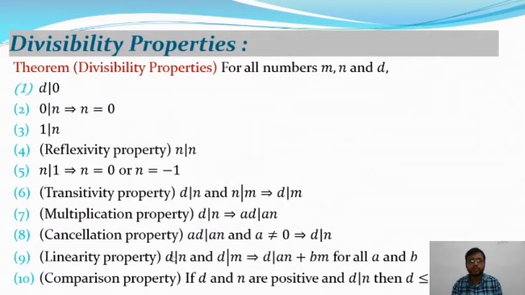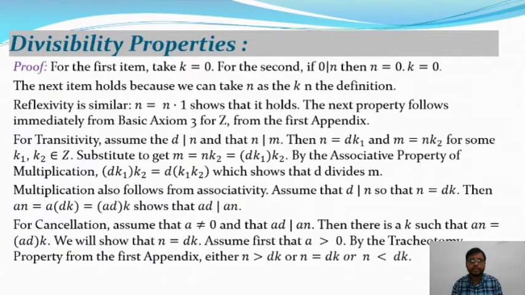Now we are going to prove the above properties of divisibility. So here is the proof. For the first item, that is d divides 0, you know that 0 is always divisible by any number. So take k is equal to 0. That means 0 is divisible by d.